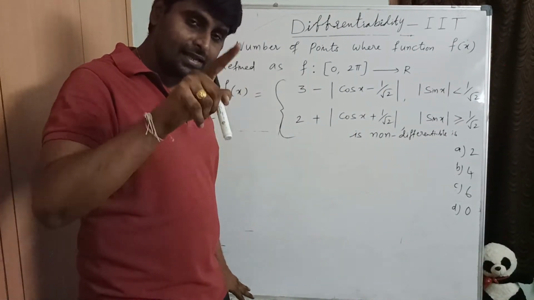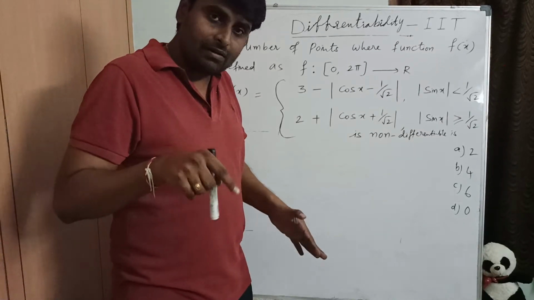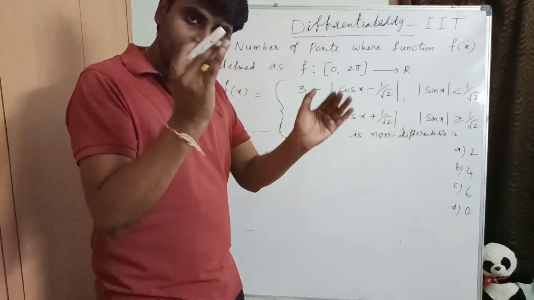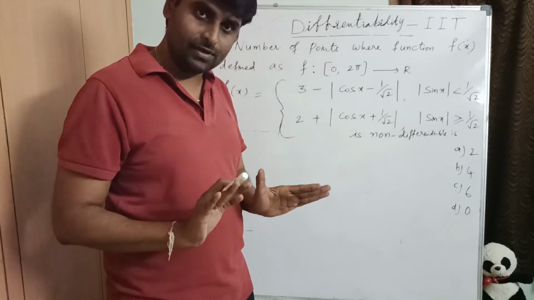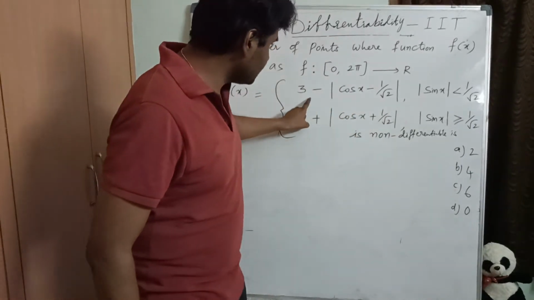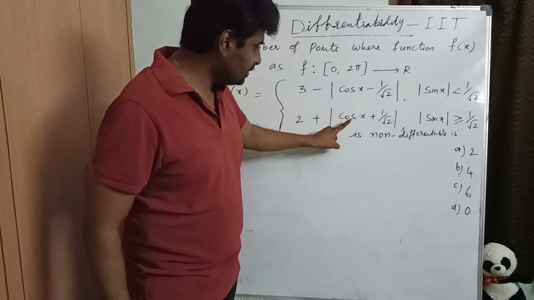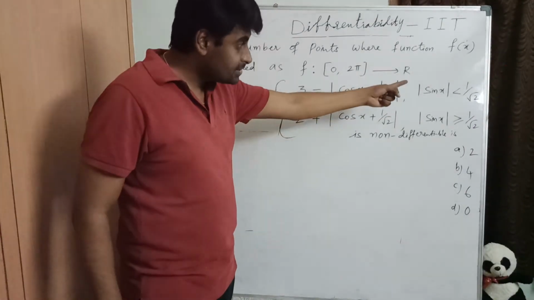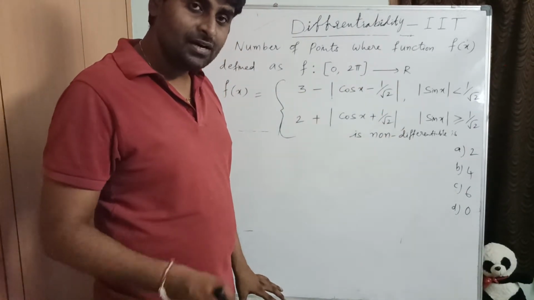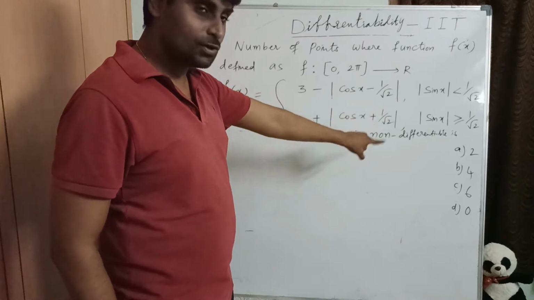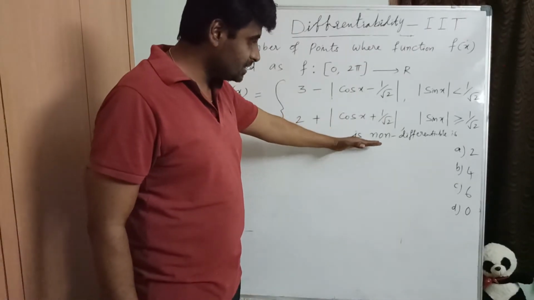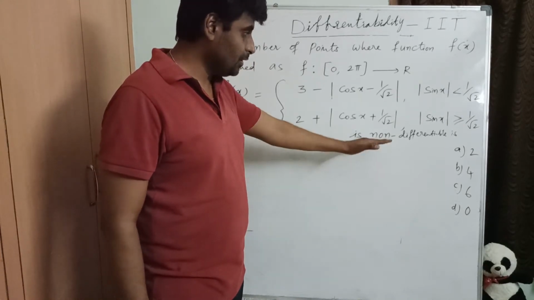Similarly, y greater than 1 by 2, y less than 1 by 2, one function in terms of y only. Here also the function was given in terms of cos x or sin x. So those limits also should be written in the form of modulus of cos x, so that it will be easy to check whether this function is differentiable or not.